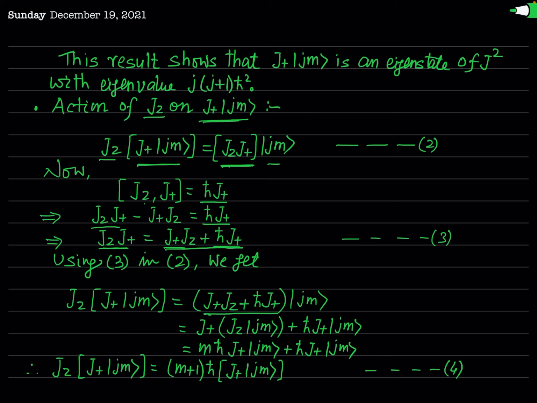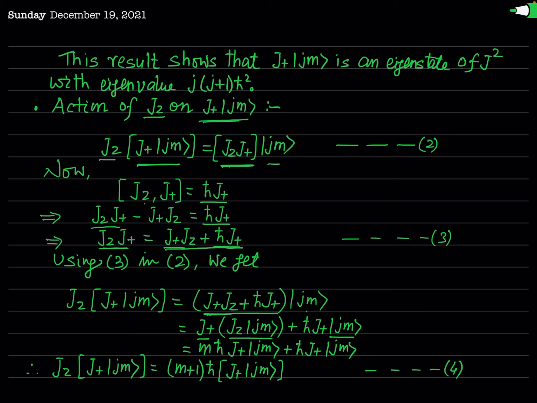So this is operated on |k, j, m>. Now operate J+ Jz on |k, j, m> and ħ J+ on |k, j, m> separately. So you can see this is J+ Jz operated on |k, j, m> plus ħ J+ |k, j, m>. This is just simple algebra.